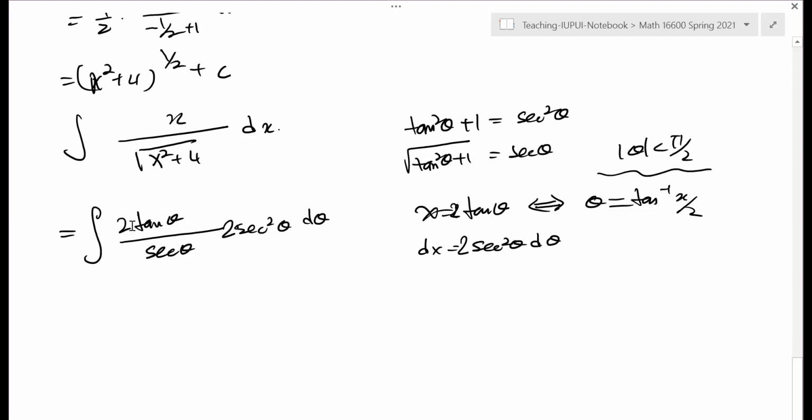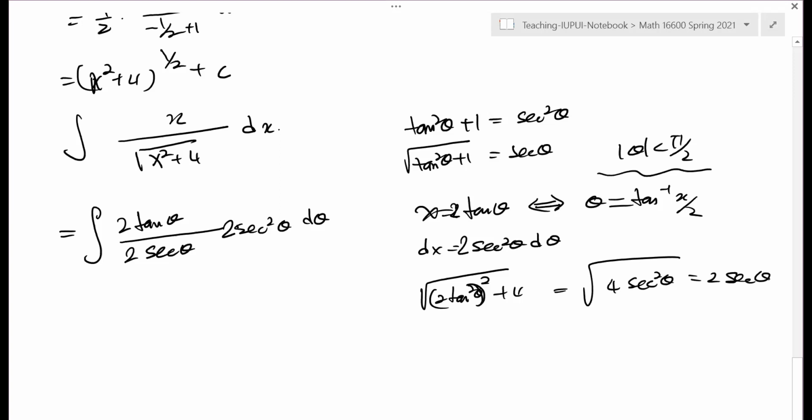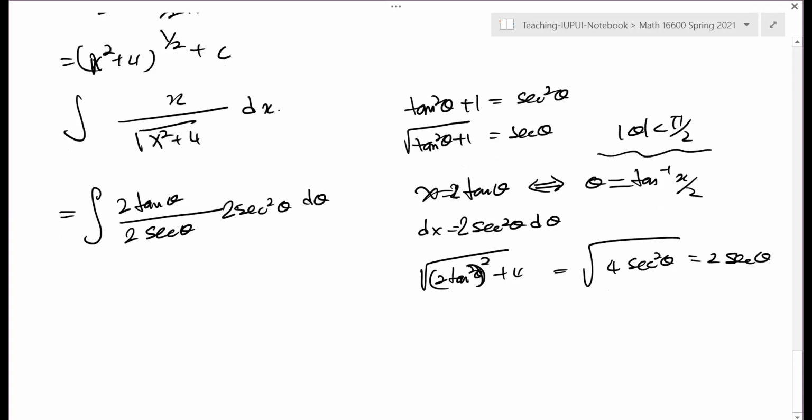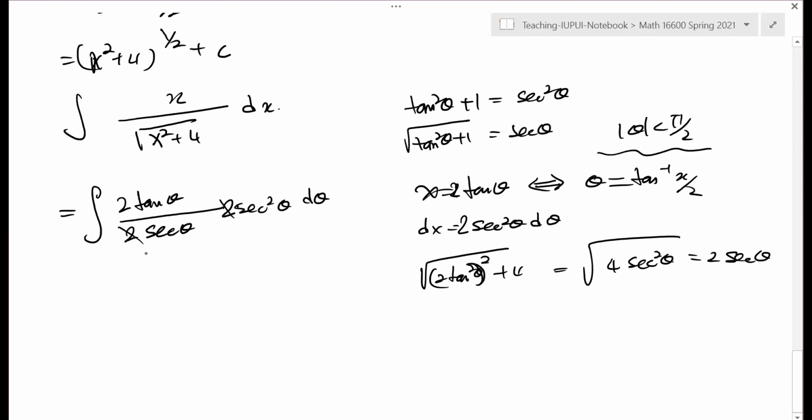Also the denominator is going to be 2 secant theta, because 2 tangent square theta plus 4 gives 4 secant square theta, so you get 2 secant theta. That's the reason the 2 cancels out, and secant theta cancels too. So what I got here is just twice tangent theta secant theta d theta.